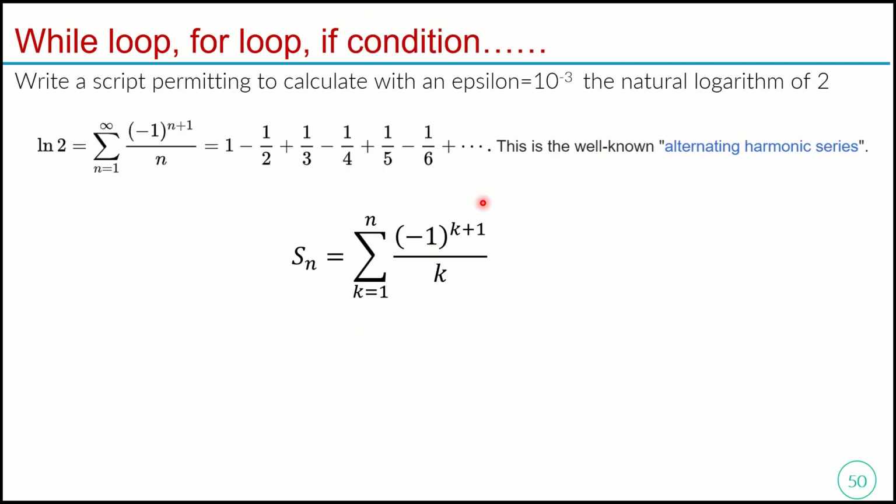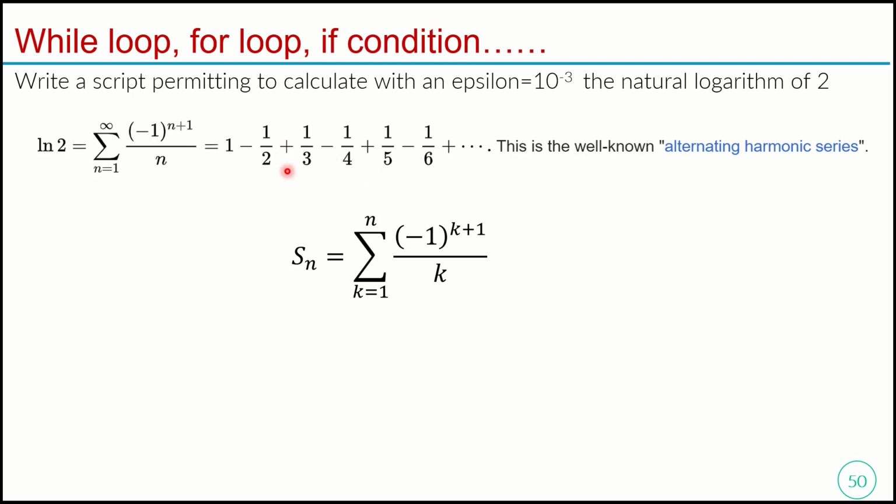Okay, hello everyone. So I would like to come back to my series. This is an alternating, convergent series, and mathematically, if you go to the literature, you can see that the Taylor series expansion of the logarithm of 1 plus x will give you this. If you replace x by 1, you obtain that the logarithm of 2 is equal to the sum of n going from 1 to infinity of (-1)^(n+1) divided by n.